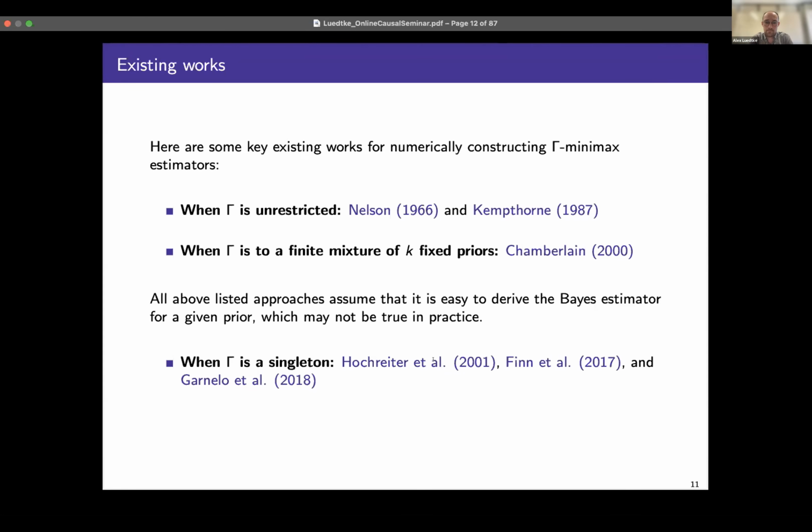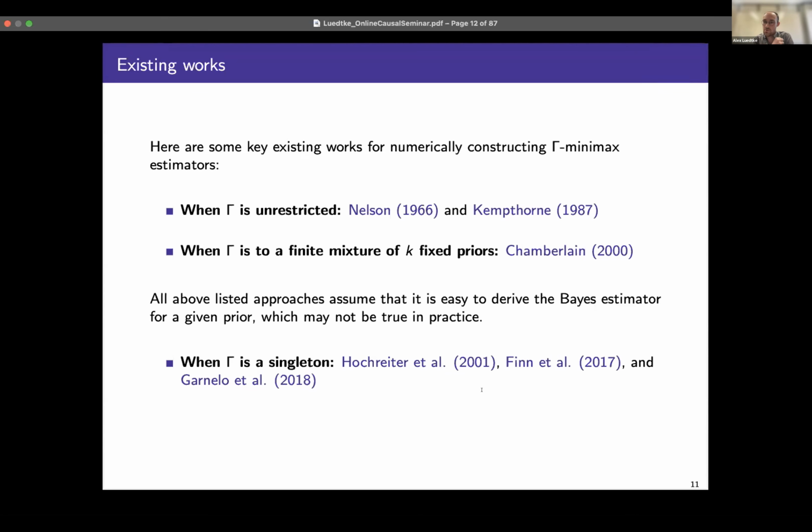The machine learning community has taken a different perspective on these problems. They mostly focus on the case where gamma is a singleton, such that you're really interested in constructing a Bayes estimator. And here there have been a number of papers. I'm only citing a few key ones here that are most related to the work I'm doing now, but all in the context where gamma is a singleton.